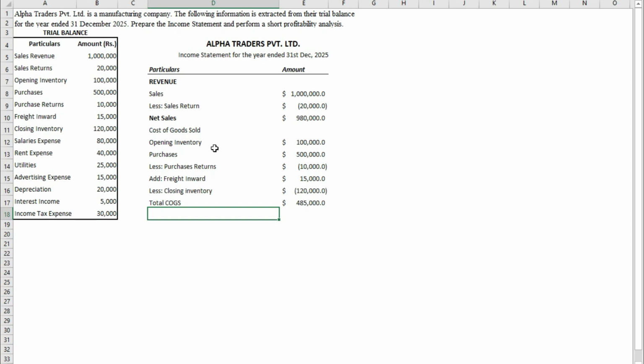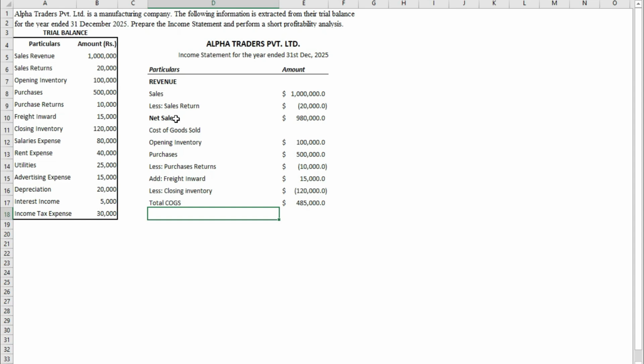It's the gross profit. Finding the gross profit. Gross profit is actually how much the company made from its core trading activities before considering any operating expenses. These are the direct costs of the sales. So gross profit would be net sales minus the total cost of goods sold.